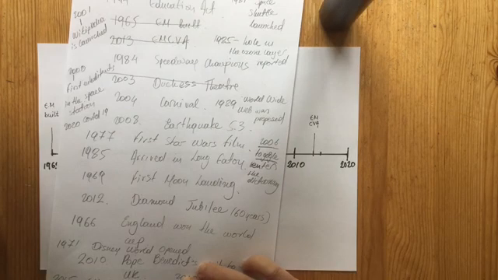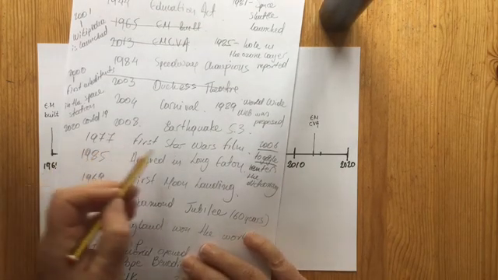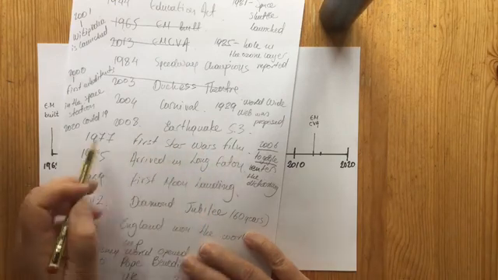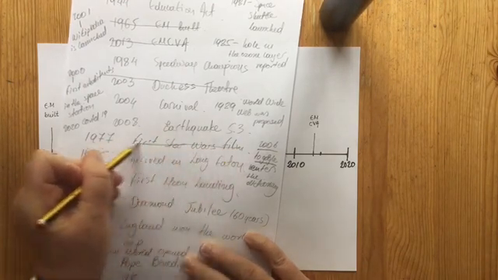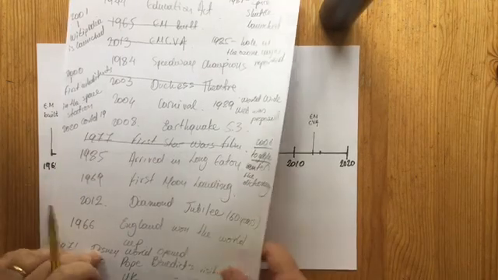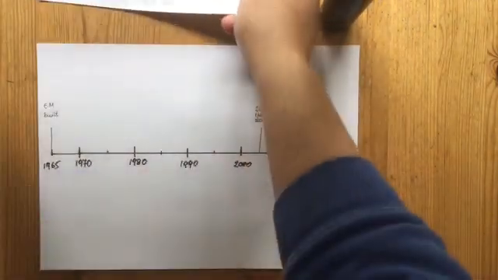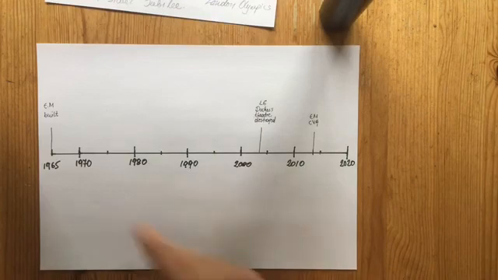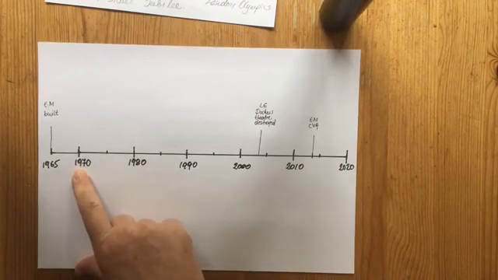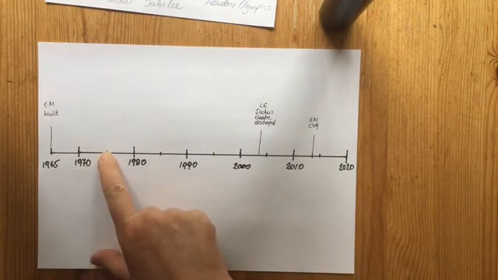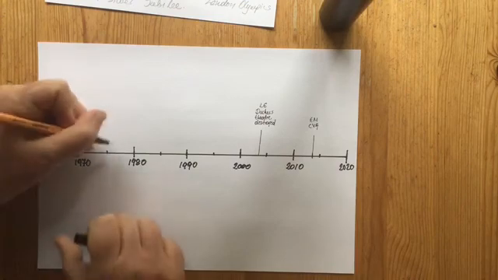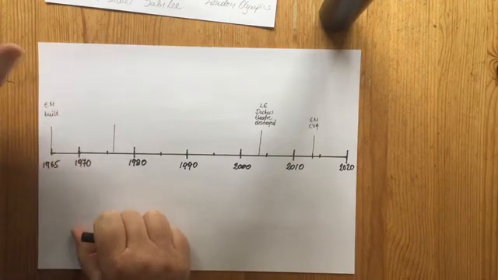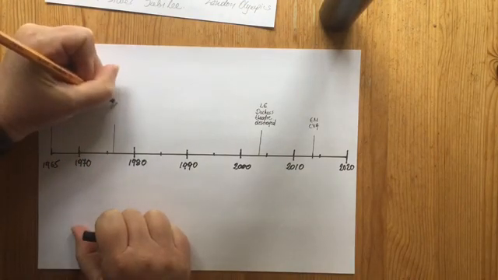What else? Oh, this catches my eye. A film that is dear to a lot of us. In 1977, the first Star Wars film appeared in the cinemas. 1977. So there's 1970. There's 1975. So a couple of years after that. Star Wars.